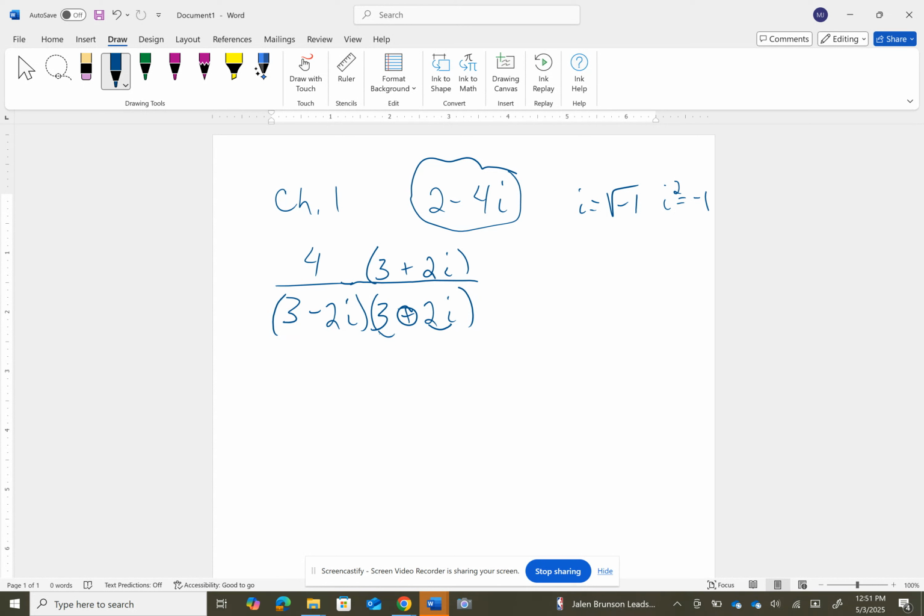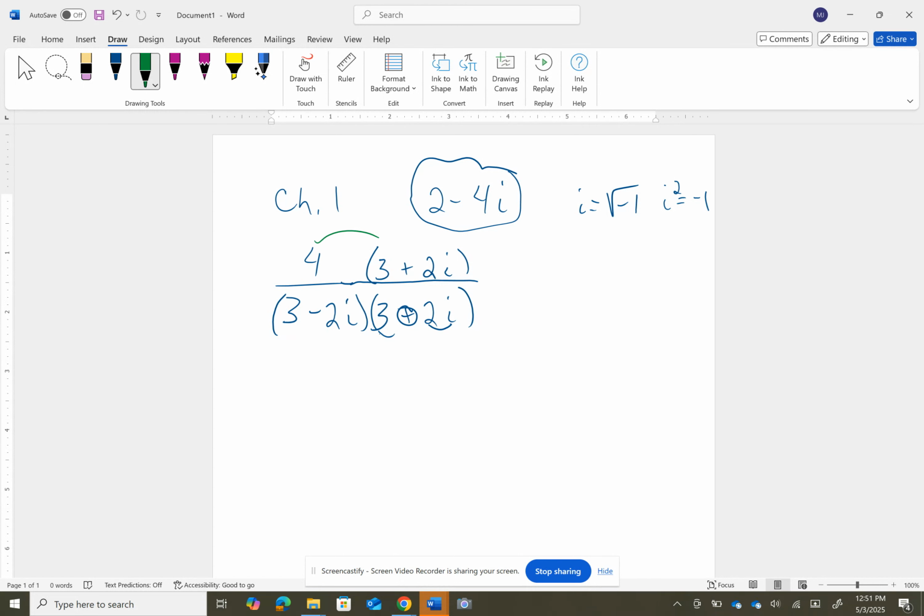Now, the reason we do this is once we multiply that denominator out, we're going to wind up having all the i's disappear. So we're utilizing that fact that when you multiply two binomials that look like this, you wind up having just two terms. The middle term cancels out. So let's go ahead and do some distributing and some multiplying out and see what happens.